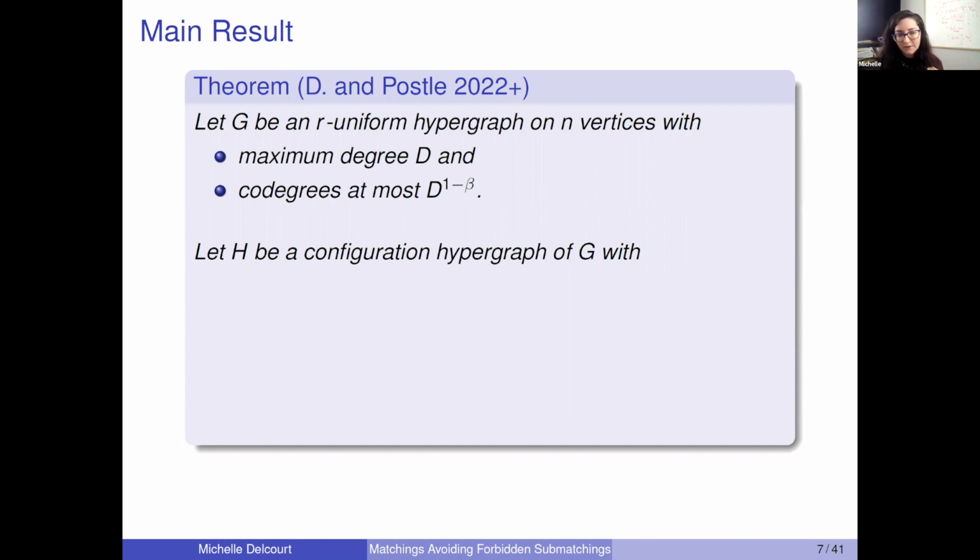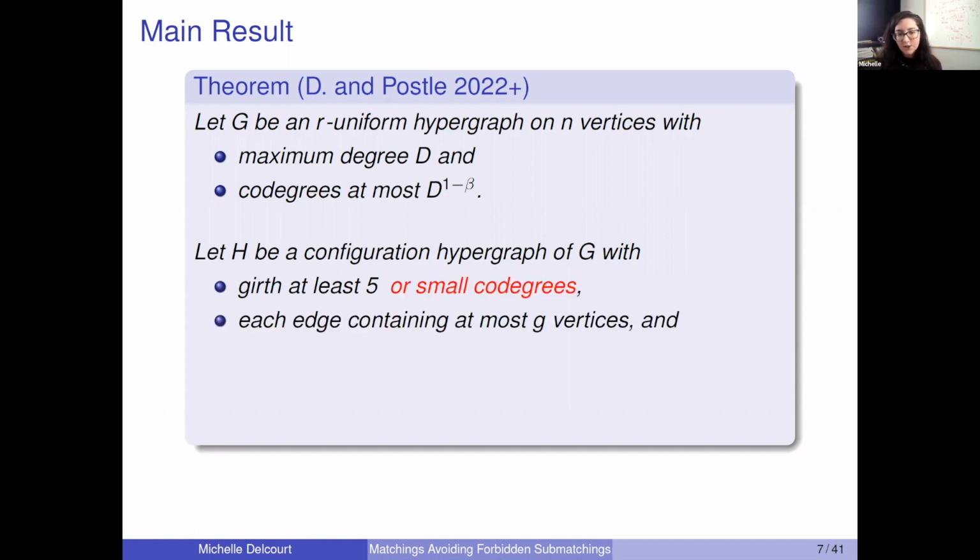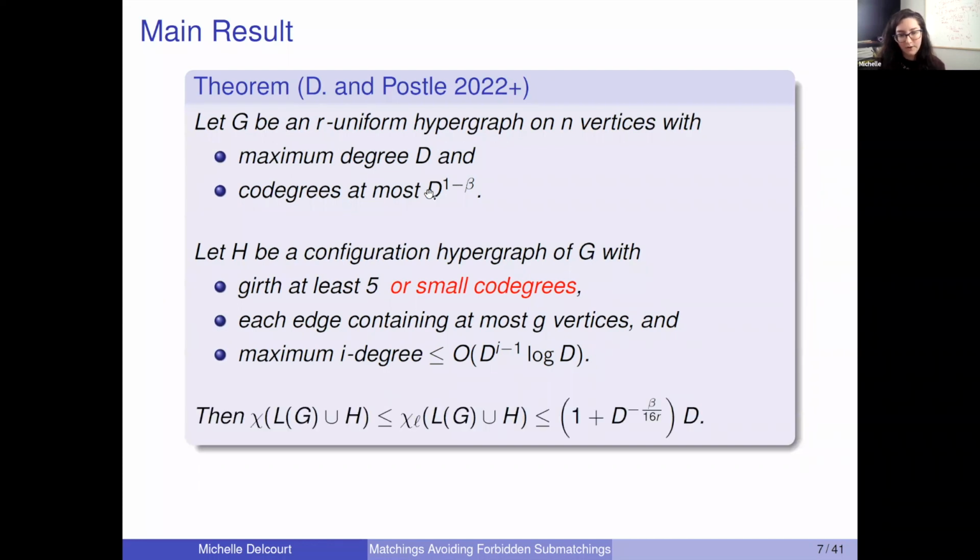And we're going to say that our configuration hypergraph H has girth at least 5, each edge containing at most g vertices. Here it's not a uniform hypergraph, but we should have a bounded size on our edges. And we have maximum i-degree for each i, bounded in terms of the max degree of our original graph.